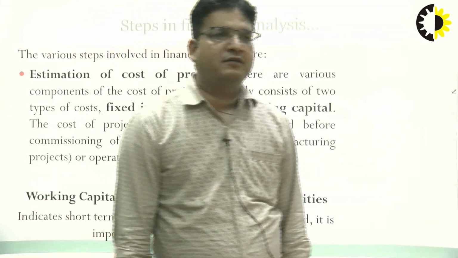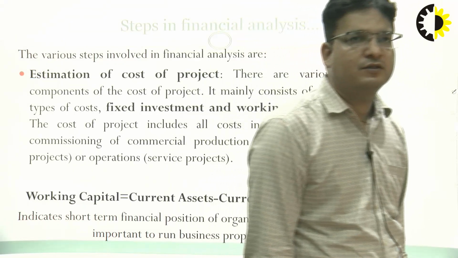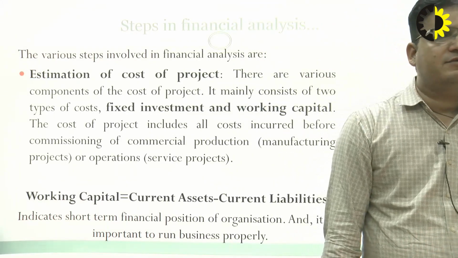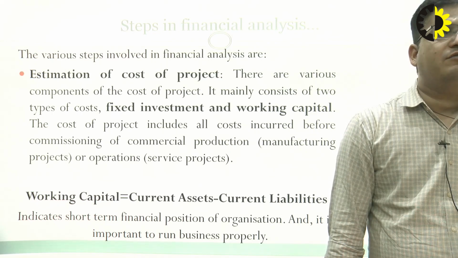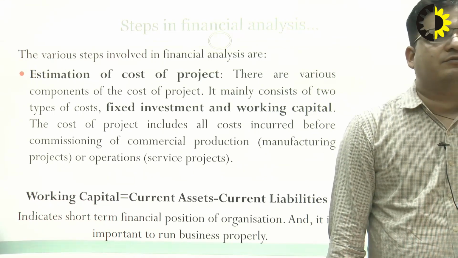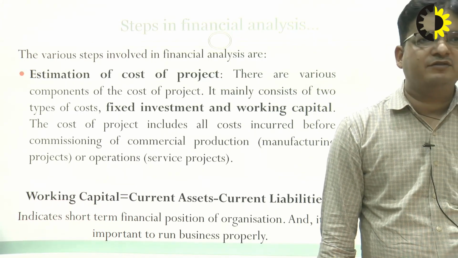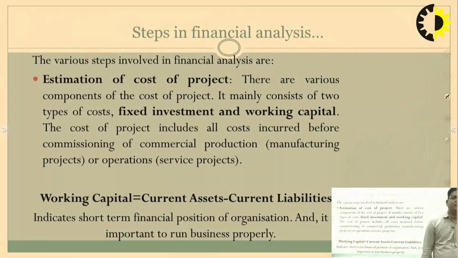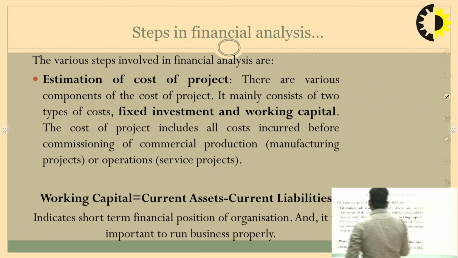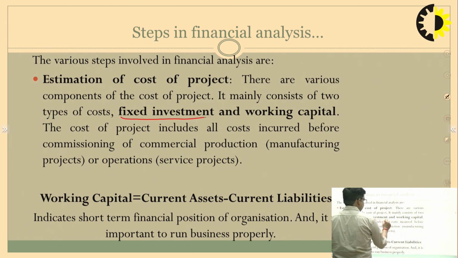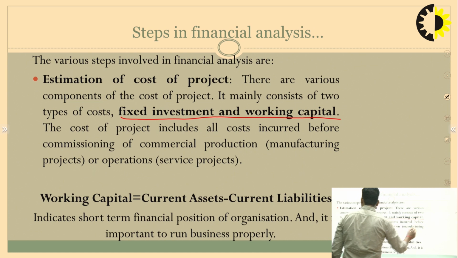Now let us discuss some of the terminology used here. Now the first is the estimation of the cost of project. There are two main components of the cost of the project. First is fixed investment, second is working capital. All of them have been underlined here. That is, the fixed investment is there and working capital is there.